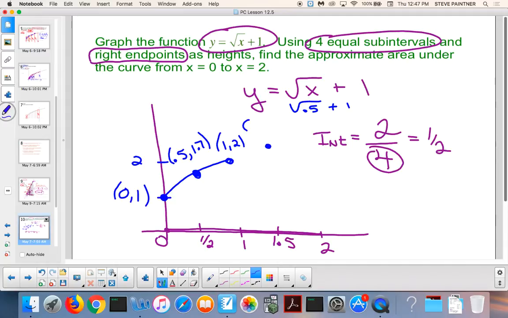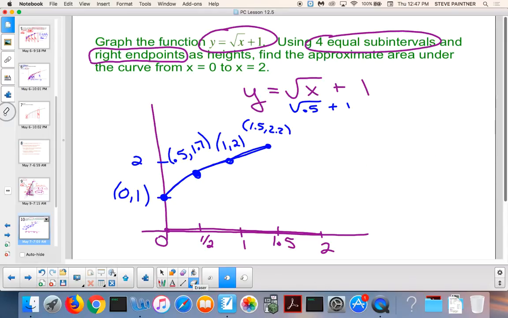2.2. 1.5 goes in, 2.2 comes out. You have to get these points. Okay, put in a 2. Put the 2 in, 2 goes in.